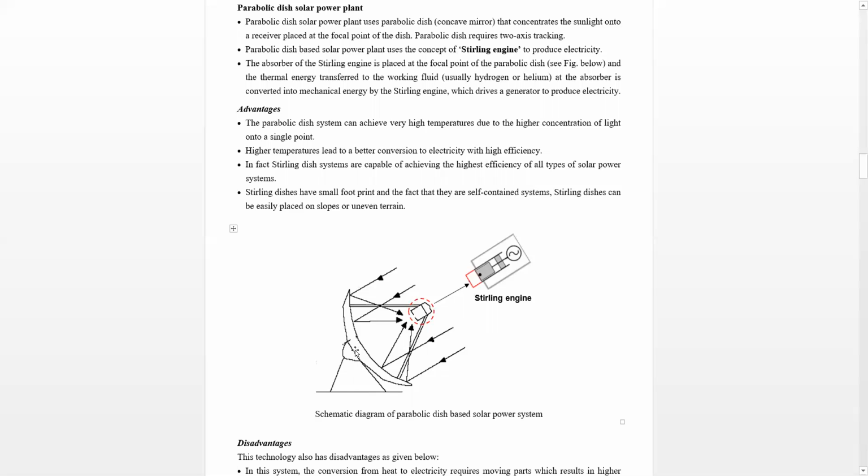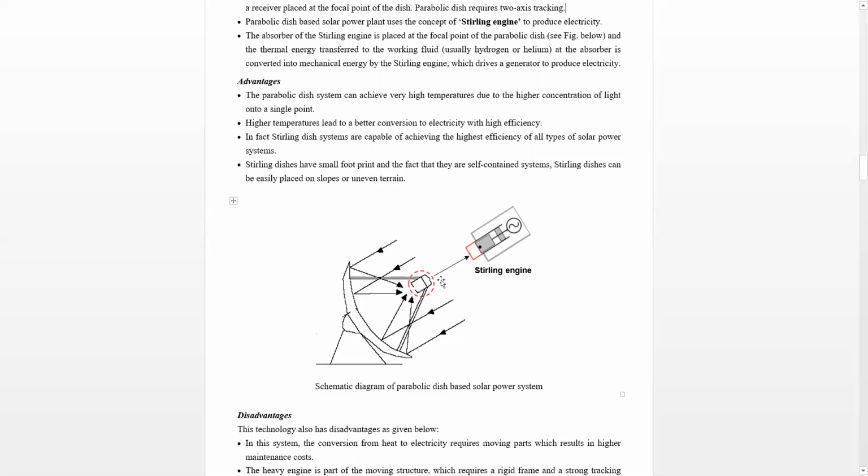But in this case, a very small footprint area is required to erect the entire system, and the system is self-contained. It means that even the electricity generation device is right here in itself. So this entire system is a consolidated unit. So Stirling dishes can be easily placed on slopes or even uneven terrain.